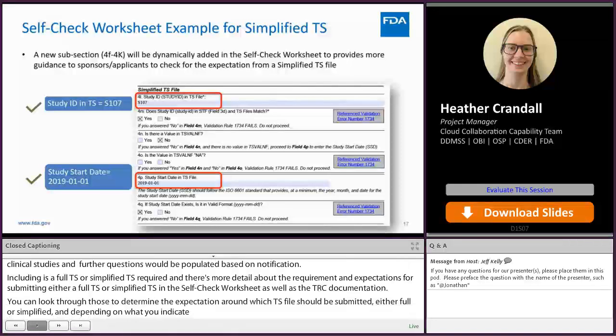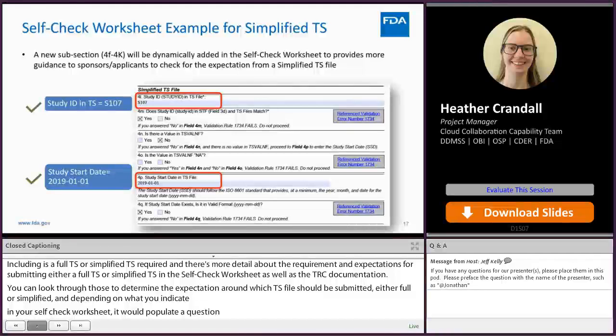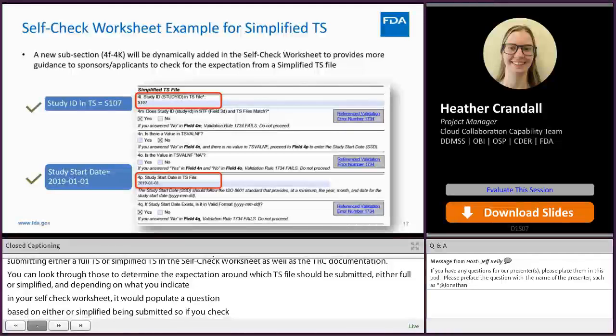So if you check off that a simplified TS is being submitted with your study, these are the questions it will populate, asking what the study ID in the TS file is, and then because there is logic built into the self-check worksheet, it will match what is entered for the study ID in the TS file against what had been previously filled out in another section for the study ID in the stf.xml, and will automatically say yes or no, do these match.